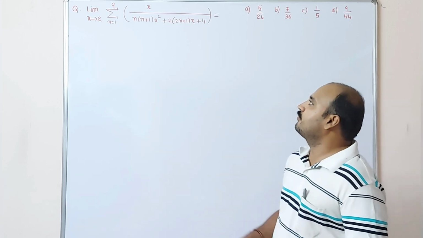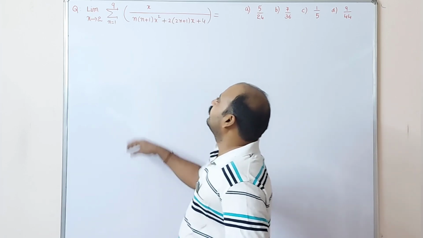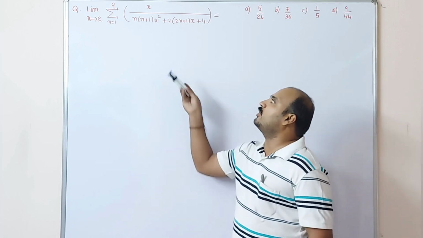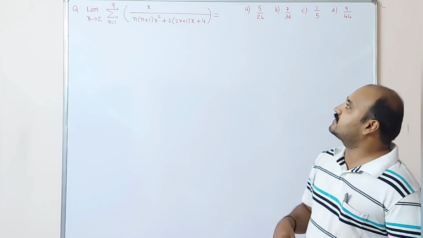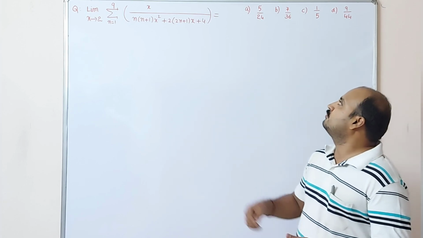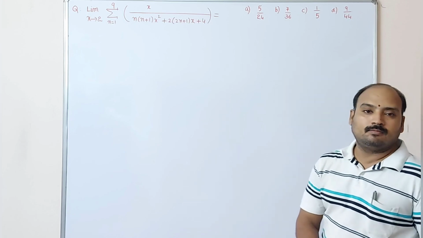The next question. Limit x tends to 2, sigma n equal to 1 to 9, x by n into n plus 1 into x square plus 2 into 2n plus 1 into x plus 4. These are the options.